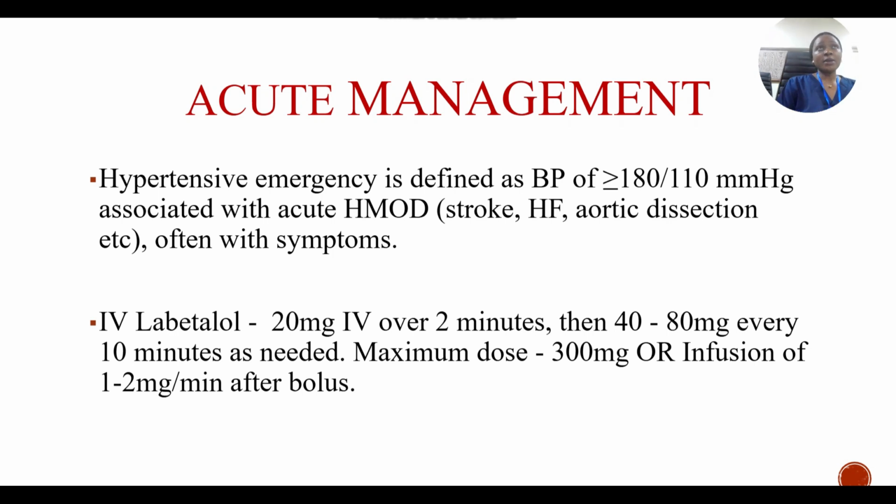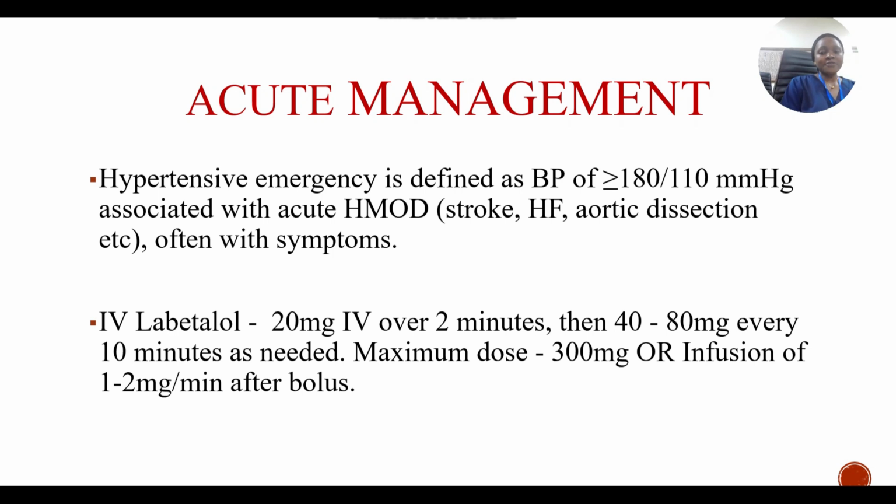So far, we have spoken about hypertension as a chronic disease. Now, what happens when we have an acute crisis in hypertension? One of these is hypertensive emergency. And this is when the blood pressure is more than or equal to 180 over 110. And this is usually associated with acute hypertension-mediated organ damage.